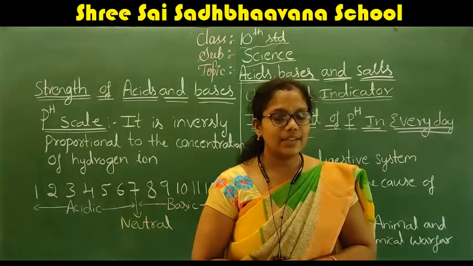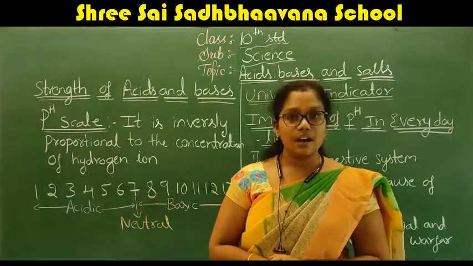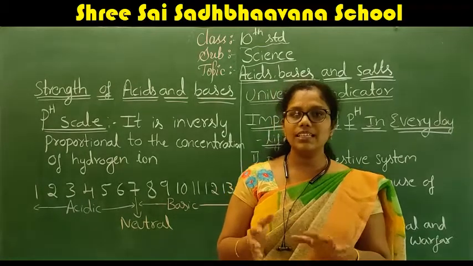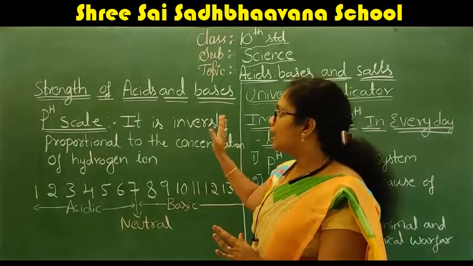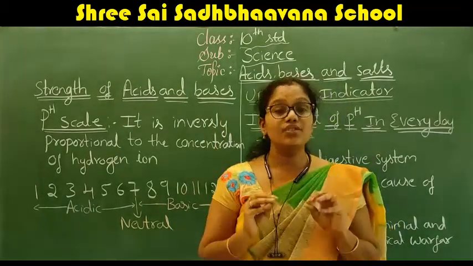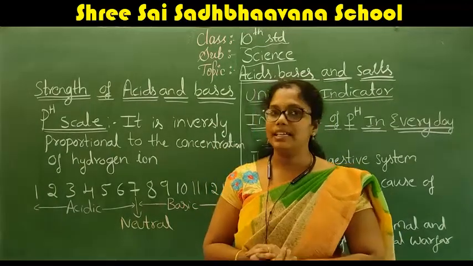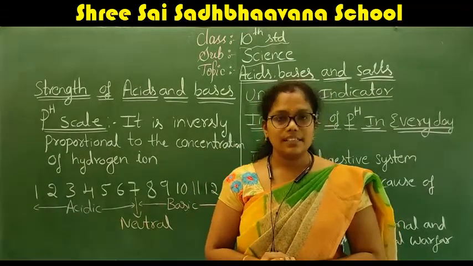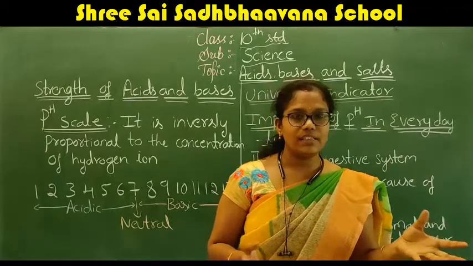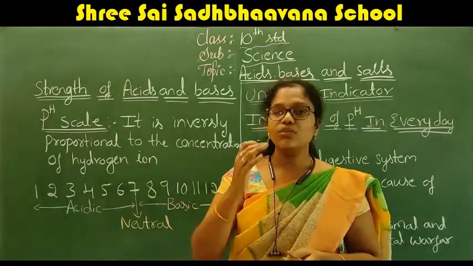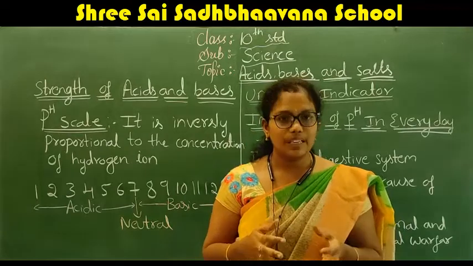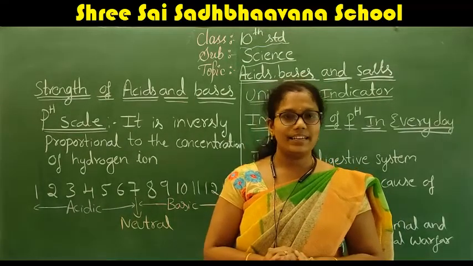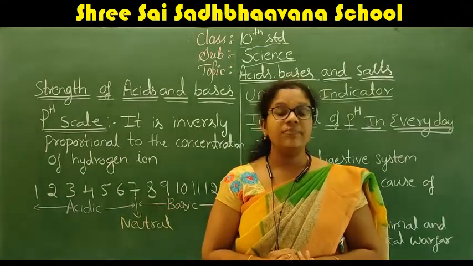After discussing the uses of bases, now we are going to think about how to find the strength of an acid and a base. We discussed strong acids, weak acids, strong bases and weak bases in the previous classes.